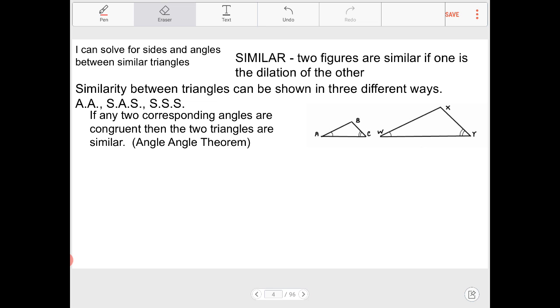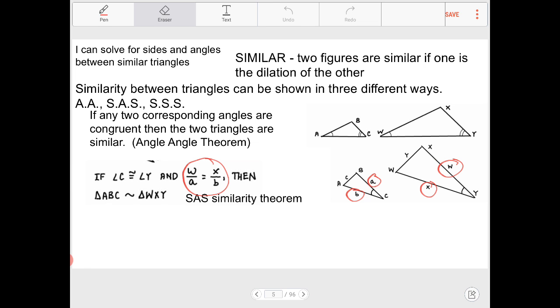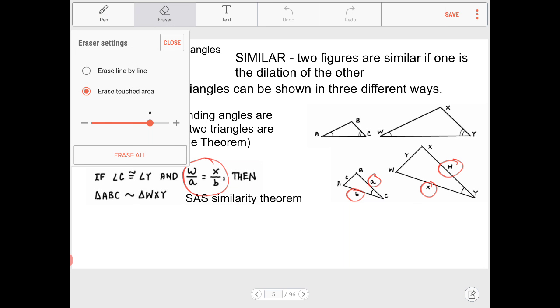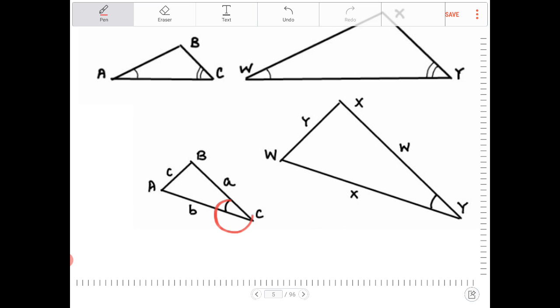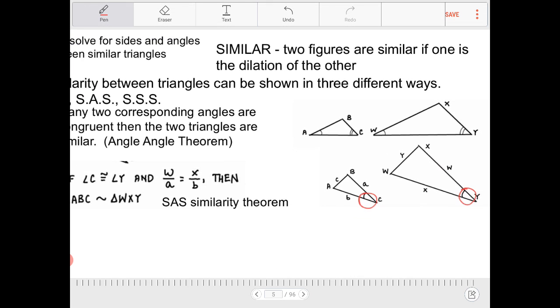Are there other ways in which we can tell whether two triangles are similar or not? Absolutely. There are actually two other ways. So let's take a look at this one here. Let me just erase that because I want to talk through it again. So if you notice right now, I have one pair of corresponding angles over here. As it turns out, if we have two pairs of proportional corresponding side lengths, then that would be enough to show that the two triangles will therefore be similar.